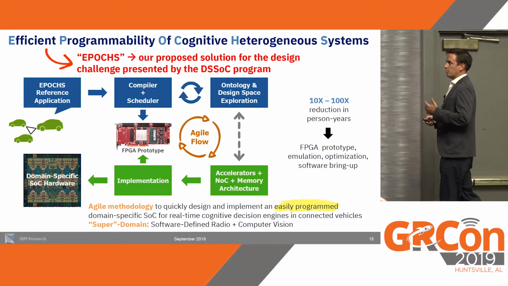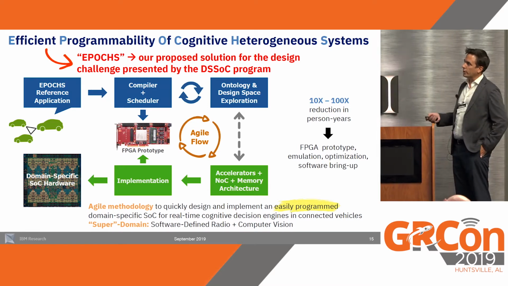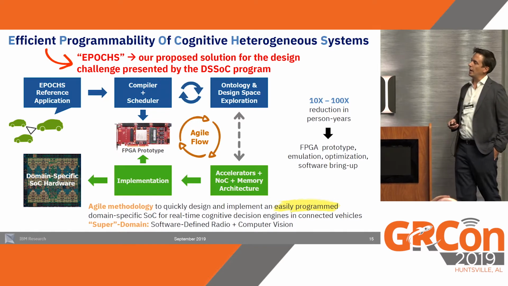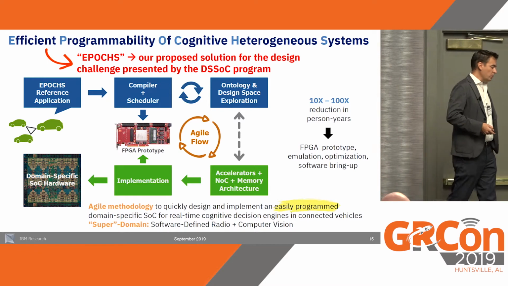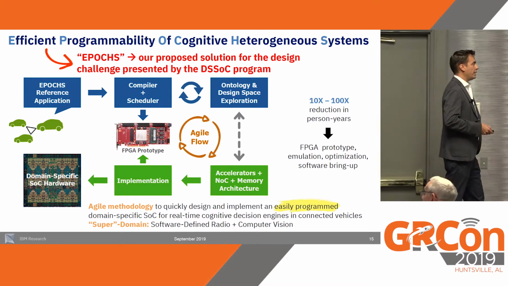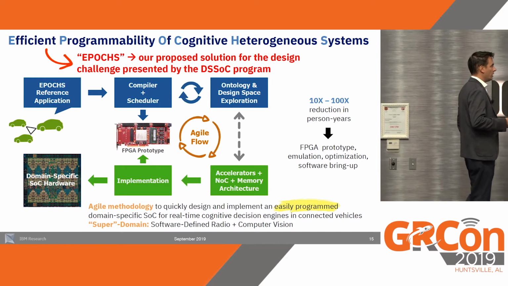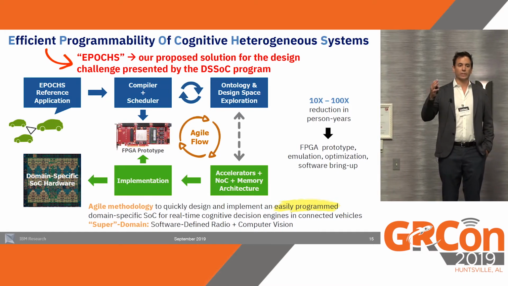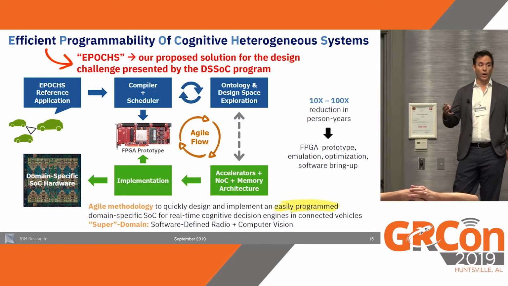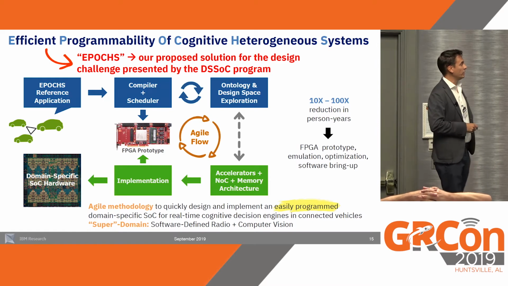In this process, we are working to develop an advanced compiler for these kinds of scenarios, and an advanced OS scheduler for heterogeneous platforms. We are also creating algorithms for ontology discovery, which basically means analyzing the application and detecting in a more or less automatic manner what portions of the application are good candidates for hardware acceleration.